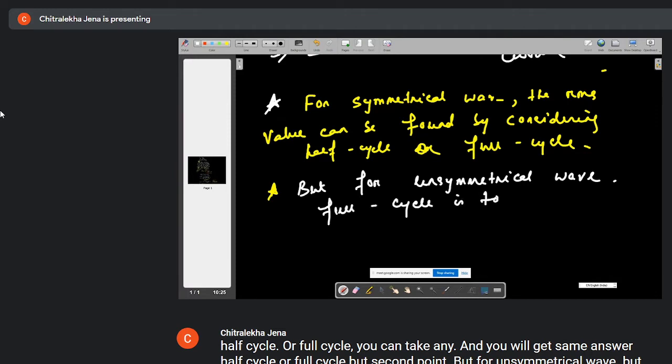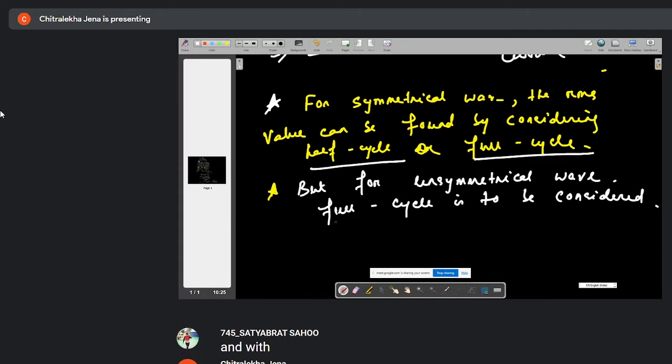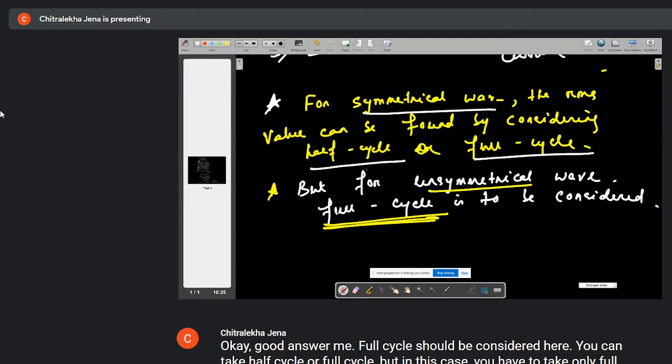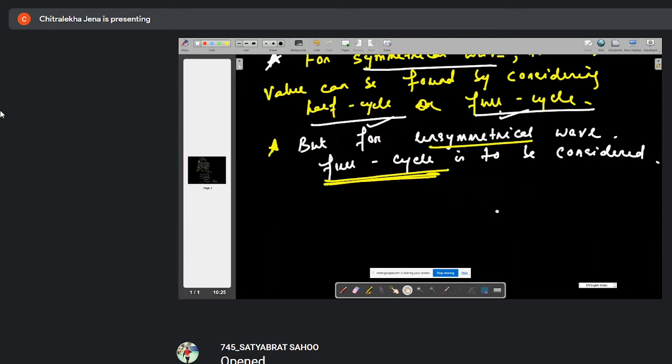Full cycle should be considered. Here you can take half cycle or full cycle, but in this case you have to take only the full cycle. For unsymmetrical you have to take the full cycle. For symmetrical you can consider half cycle or full cycle. Clear to all of you?